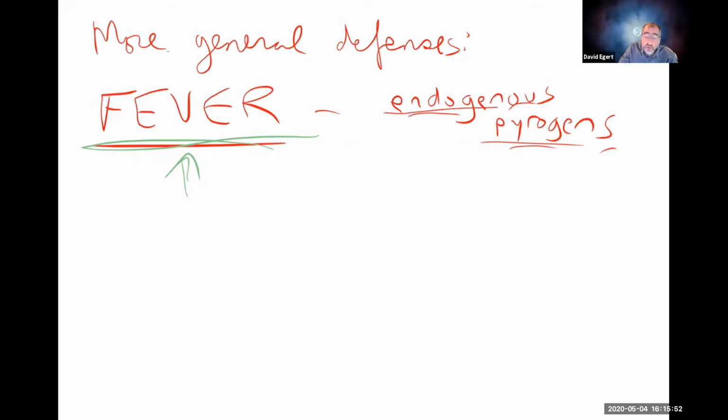Obviously, if it gets too high, some number like 103 or something, it can start causing problems and can get dangerous. So if a fever gets really high, you do try to knock it down. But if it's a low grade fever, the thinking now is that your body is doing it on purpose, so it's probably good to let it go.